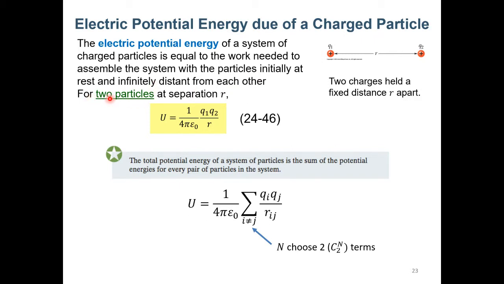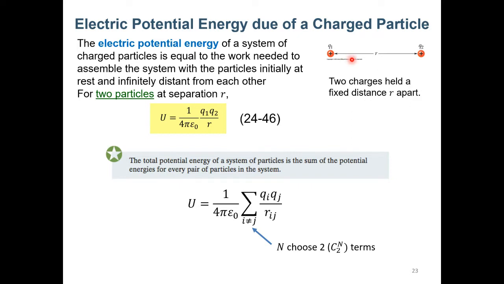Which means that if two charged particles are placed infinitely far away, then there is no energy stored between them, because if there are two charged particles, there is some force either attracting or repelling them.